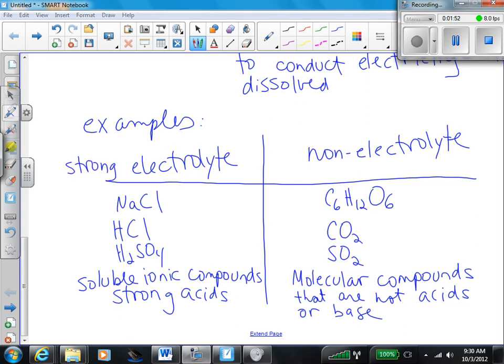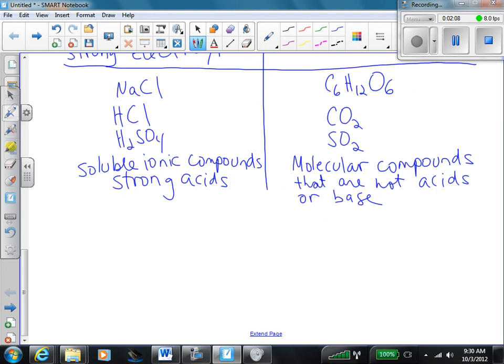I've just added in the words strong electrolytes on the left side. You'll see it there. And the examples I've given so far are all the strong electrolytes. There is also something called a weak electrolyte, and we're going to learn about those now.